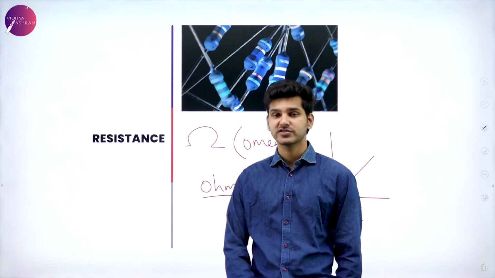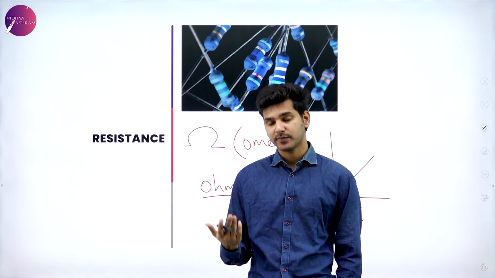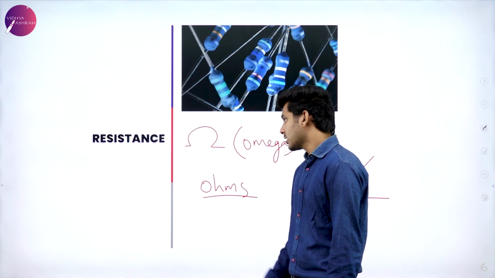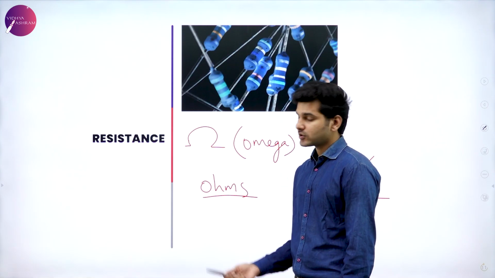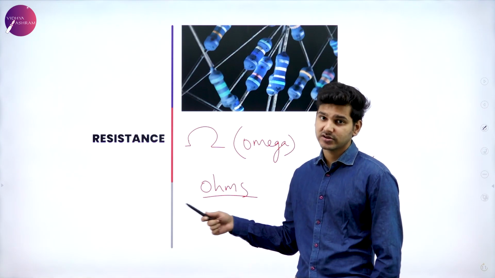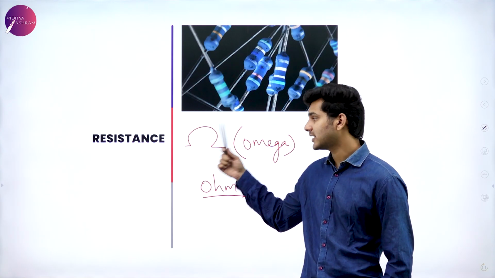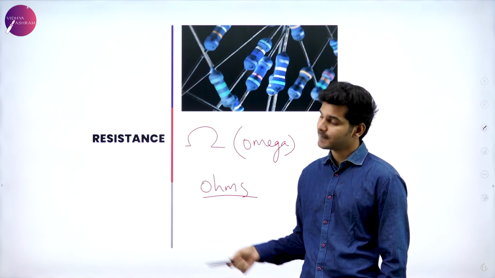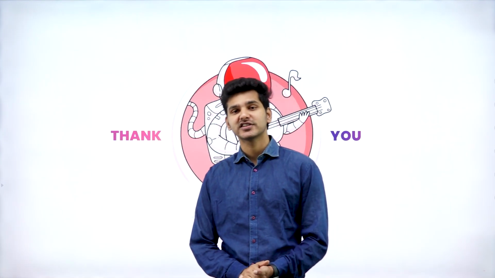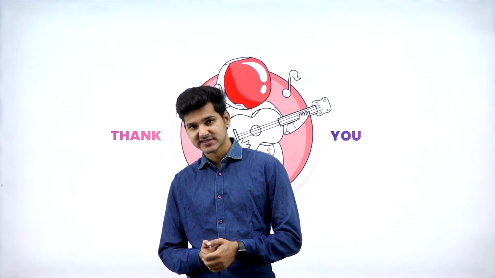So G.S. Ohm is the scientist that we are paying tribute to by giving the SI unit as ohm, and the symbol indicating resistance is capital Omega. So I hope you have understood everything about Ohm's law and resistance and how it relates to different quantities.